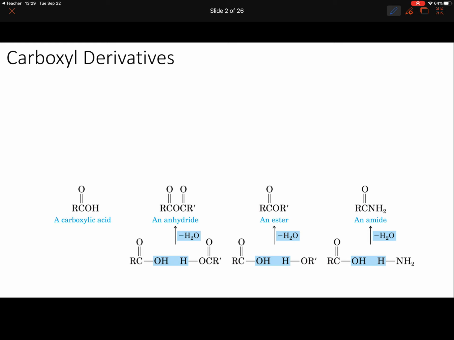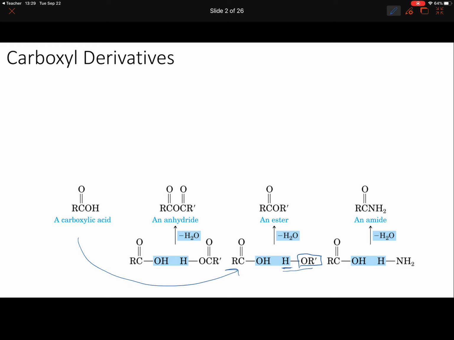The carboxylic acid reacting with an alcohol is going to produce an ester. Okay, so remember, an alcohol is an O attached to some carbons that has an H on it. So a hydroxyl group, basically on one of our alkanes, would be an alcohol.